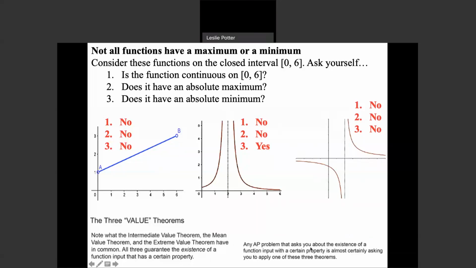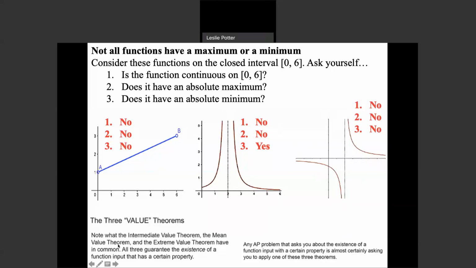So any AP problem that asks you about the existence of a function input with a certain property is almost certainly asking you to apply one of these theorems. Remember, the intermediate value theorem was if I have two function values, a small and a large, and I pick a function value in between, then I've got to have an x value in the domain.